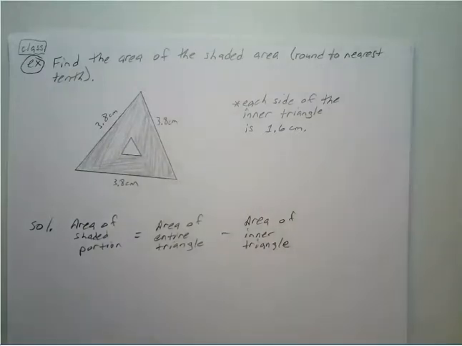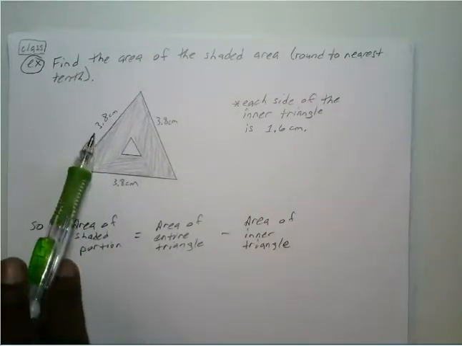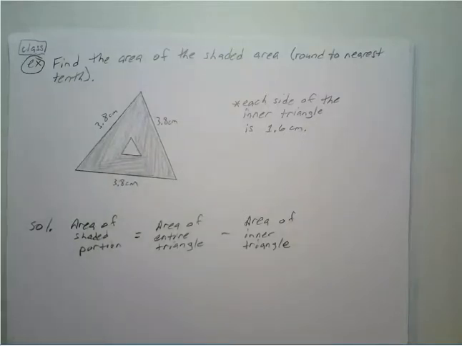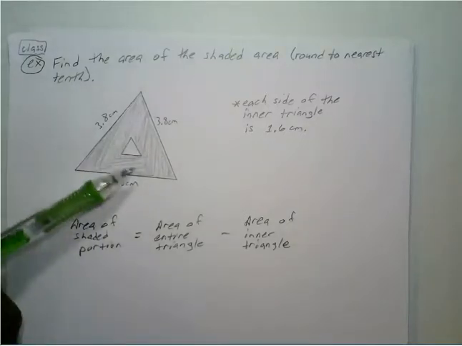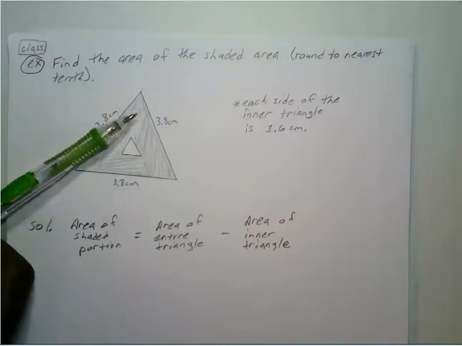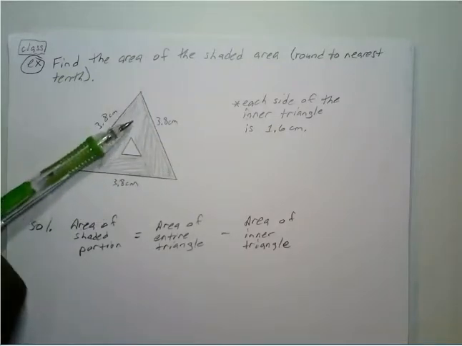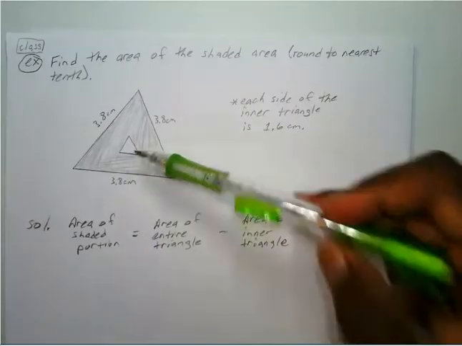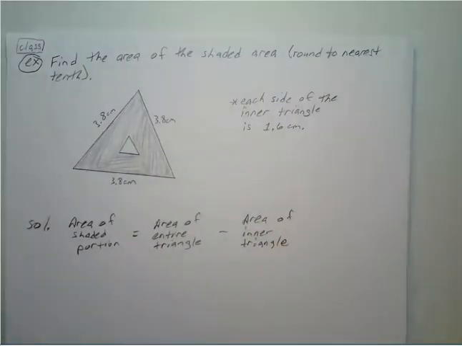Now, if you wanted to, you could say the area of the outer triangle minus the area of the inner triangle, same thing. It's all just wording. So when I say the area of the entire triangle, I mean the area of the whole thing minus that hole. So it's kind of like if you have the area of a donut. You get the area of the entire donut minus the hole in the middle. Same thing here.